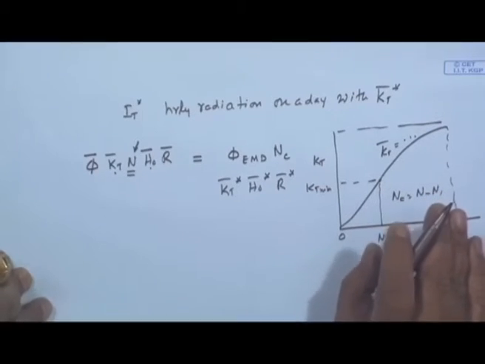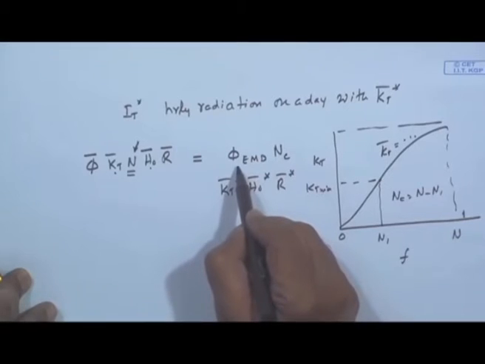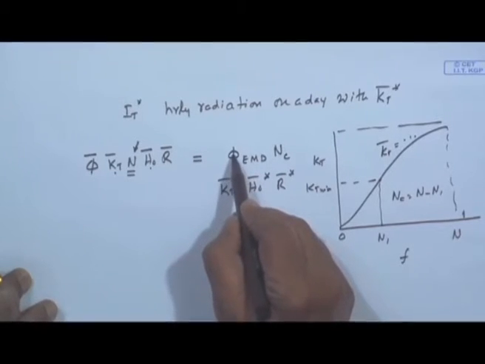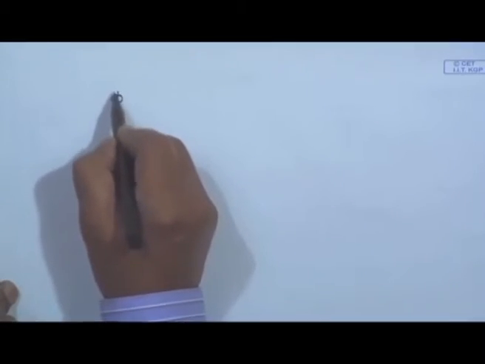That negative contribution is not taken into account in calculating the utilizability. So, that should be the single day EMD utilizability multiplied with the corresponding numbers. From this you can easily calculate phi bar if phi EMD is known.